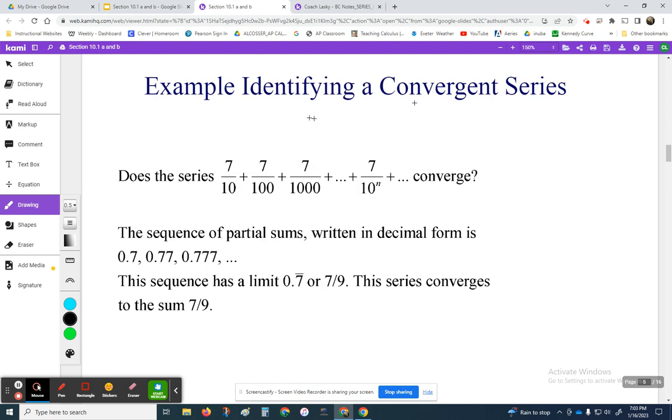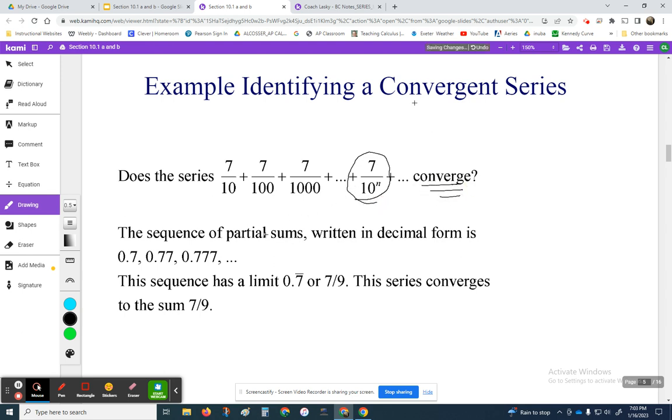An example of identifying a convergent series: does this series, 7 over 10, 7 over 100, 7 over 1,000, converge on a specific number?